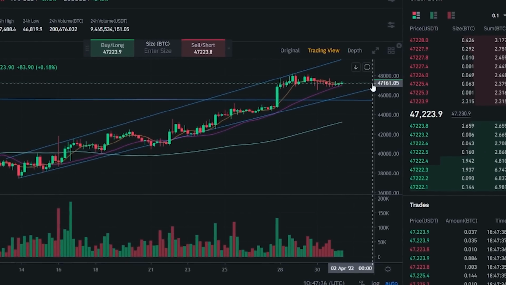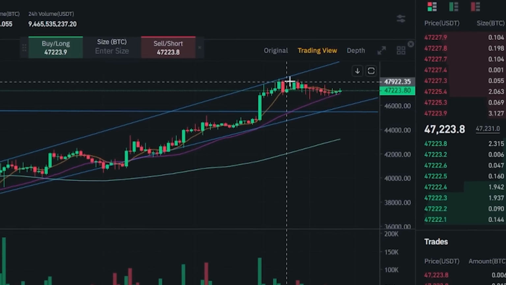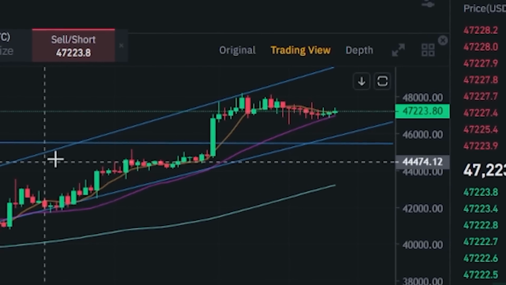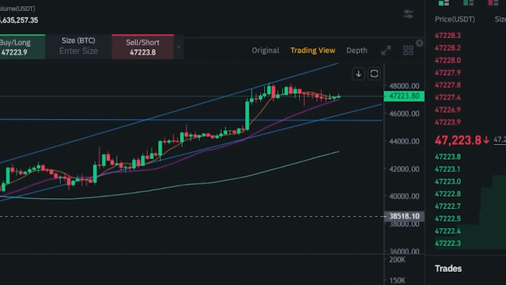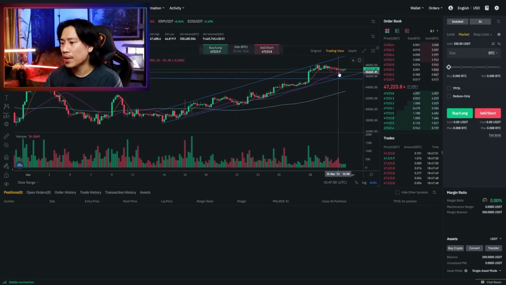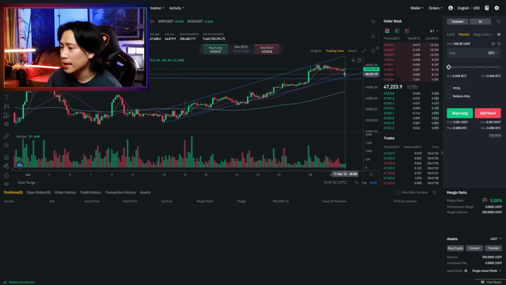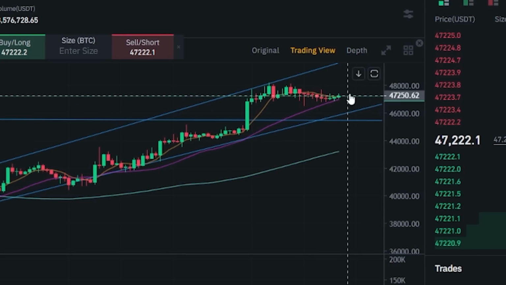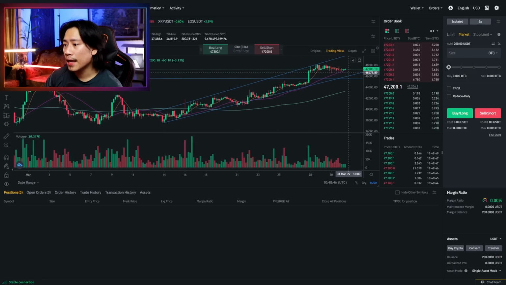And if you could see here, the lines are going up, so the market trend has higher highs and then higher lows, which indicate that we are in a bullish market. Now, since we have the line here, we may experience a little dumping at this part and then break out.